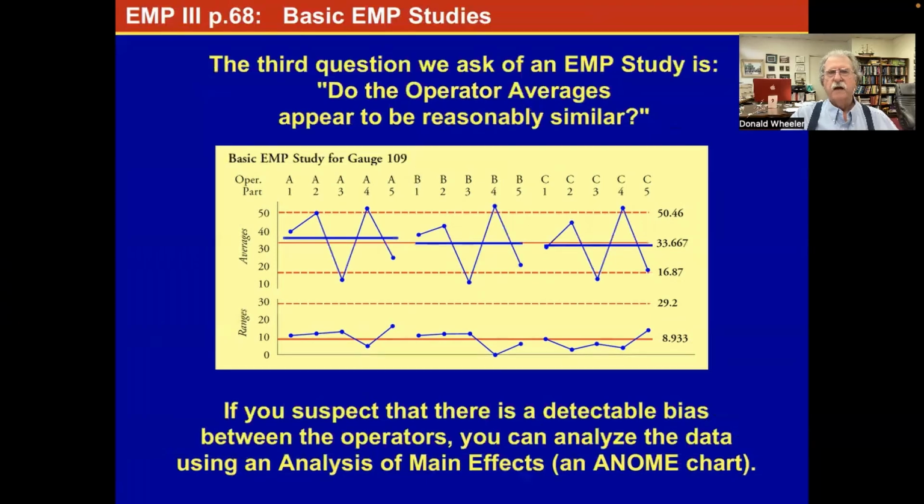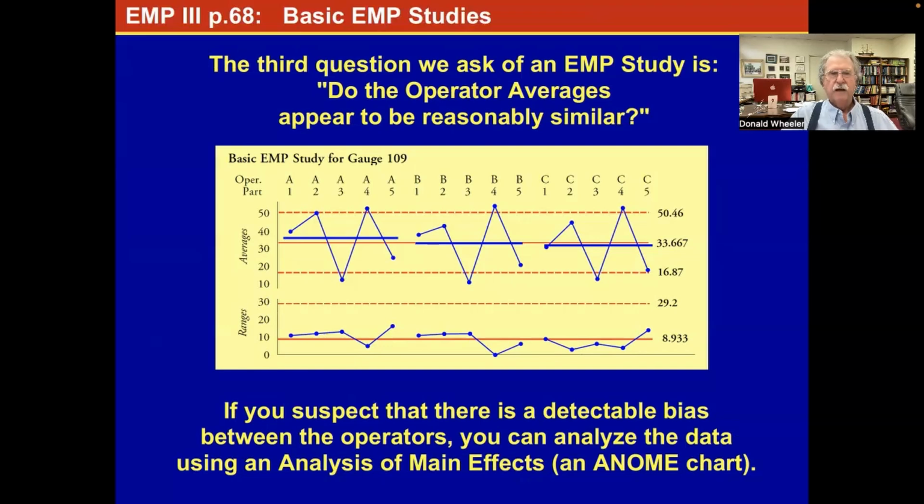The third question we ask of an EMP study, do the operator averages appear to be reasonably similar? If you suspect there is a detectable bias between the operators, you can analyze the data using an analysis of main effects, an ANOM-E chart.